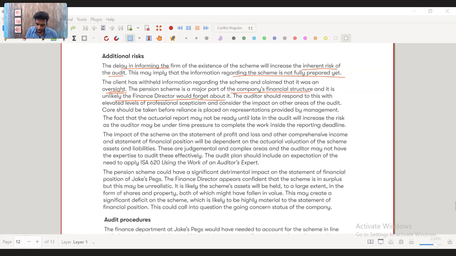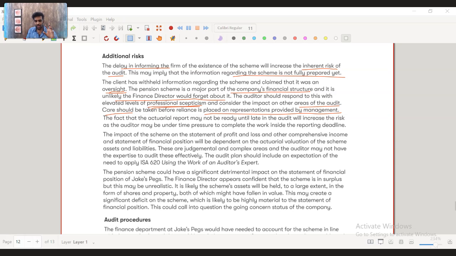No. So the auditor should respond to this with elevated levels of professional skepticism. He might have to think from a perspective of what has gone wrong. There is some issue with respect to this. And he has to go with due care. He has to place ultimate care before reliance is placed on the representations by the management.